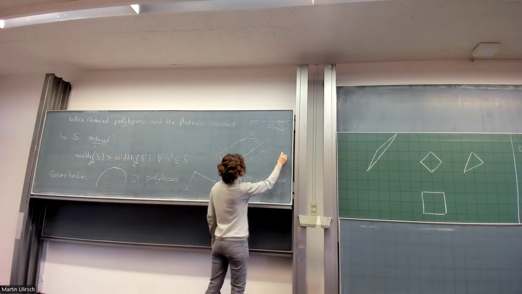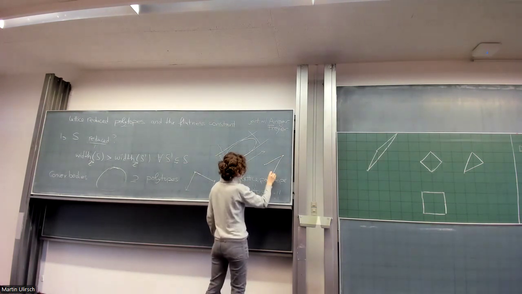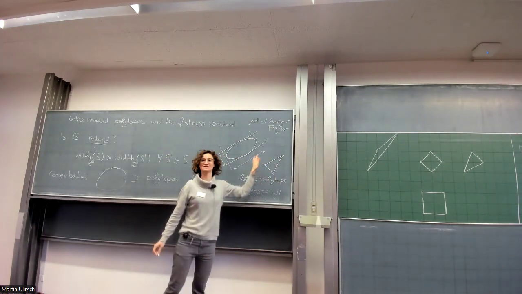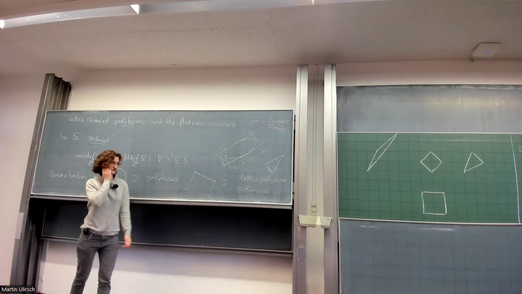So if you see this black grid, which is less visible than that black grid, this object would sort of be a lattice polytope.